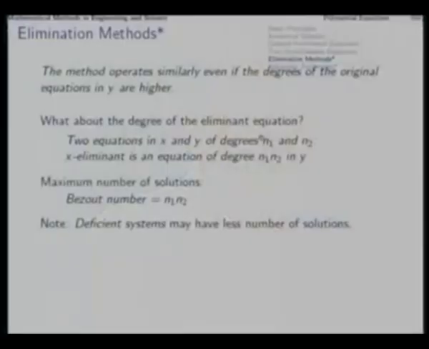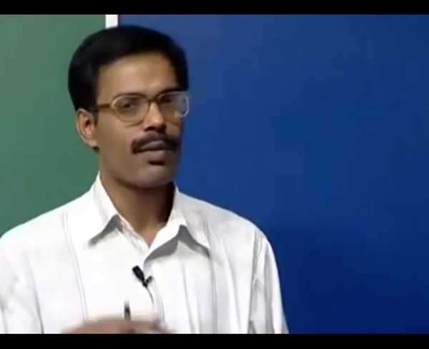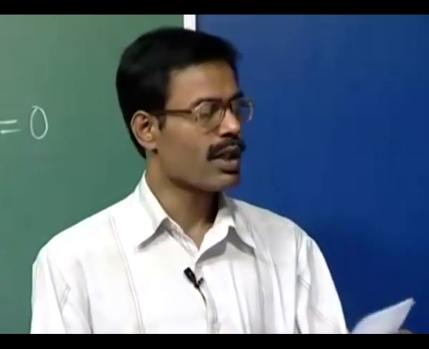In general, you can say that for two equations in x and y of degree n1 and n2, if you can eliminate x, the x eliminant turns out to be an equation of degree n1 into n2 in y. This number is called the Bezout's number. There are several methods for elimination of unknowns from simultaneous polynomial equations.